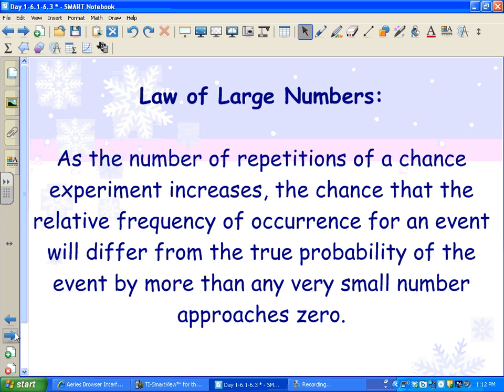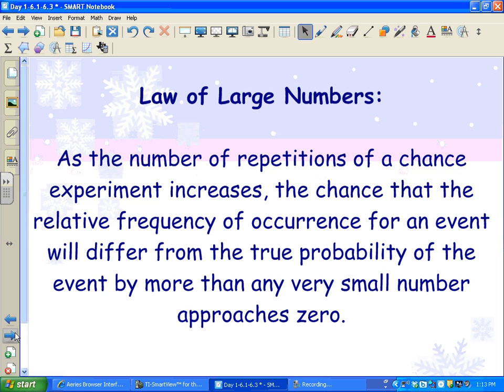The best way I can say it is, think about rolling a dice 6 times in a row. You are definitely not guaranteed to roll a 1 exactly 1 time out of 6. Some of you will roll three 1s, some of you will roll no 1s, some of you will roll 1 or 2. Very rare is going to be the person that rolls the number 1 six times in a row. Can it happen? Absolutely.